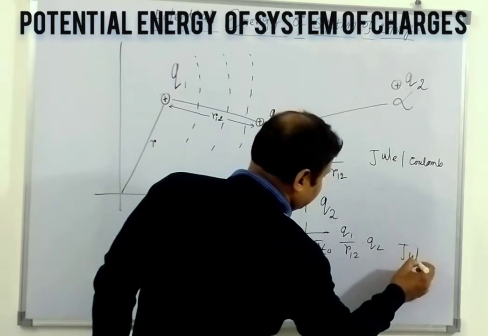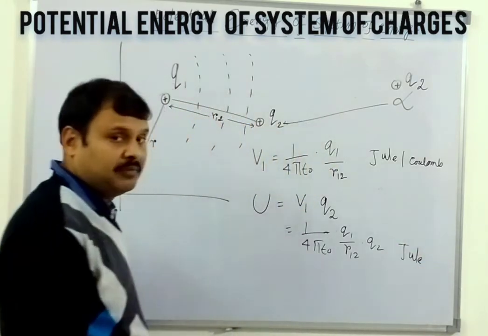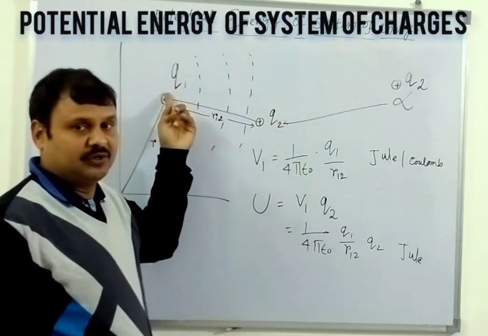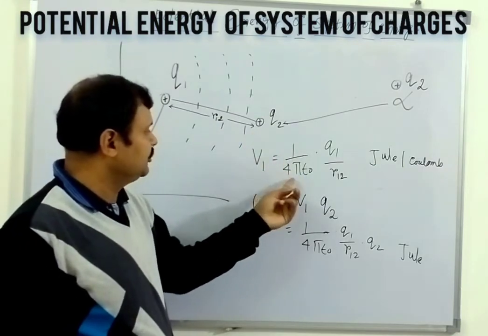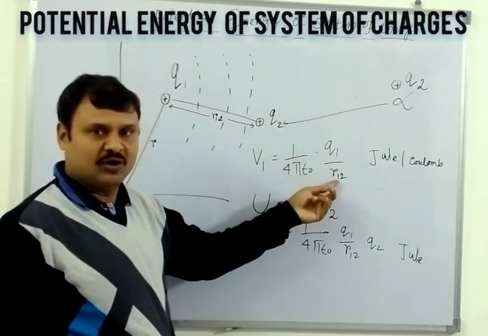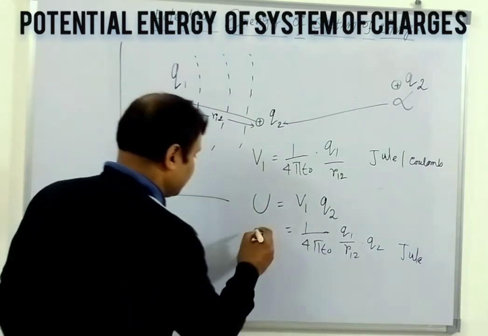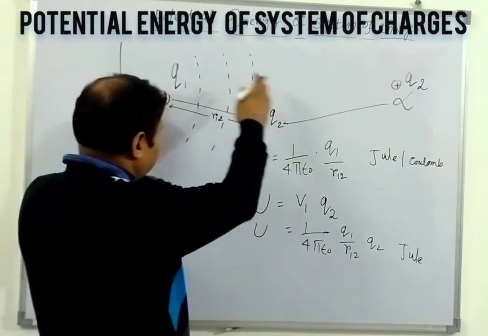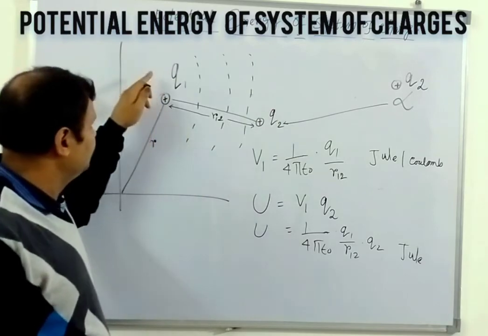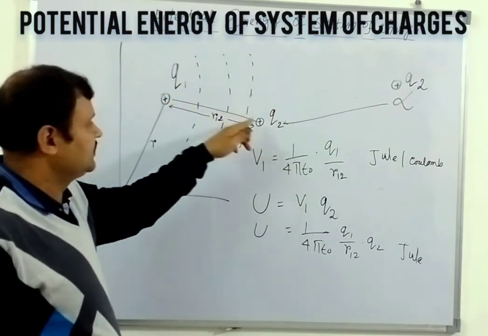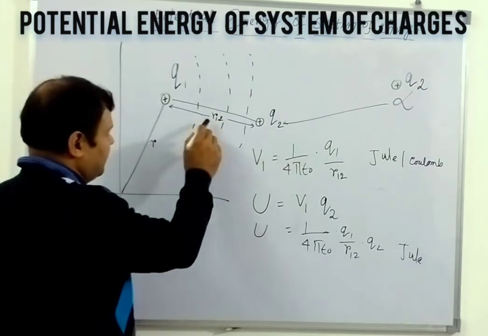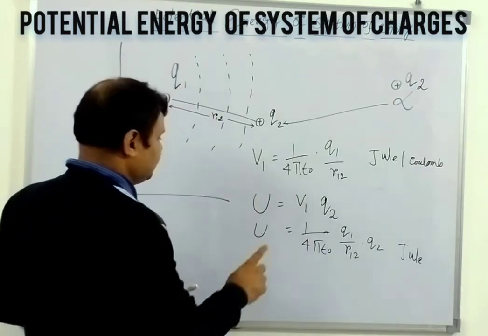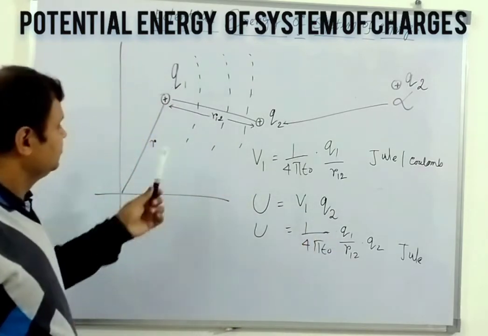This many joules we need to perform externally to bring this q2 charge against the repulsive force of q1, due to the potential created at this point, which is 1 by 4 pi epsilon naught q1 by r12. So this is the internal potential energy created in this configuration due to the potential created by the first charge q1 at the q2 point at a distance of r12. Correct? So this is the two point charge system, and this is its internal potential energy.